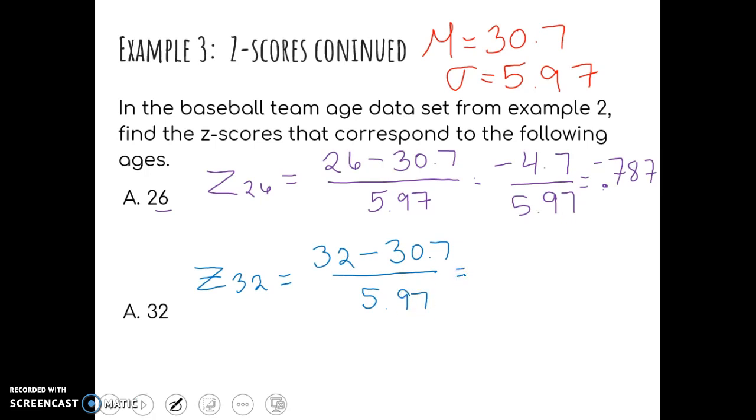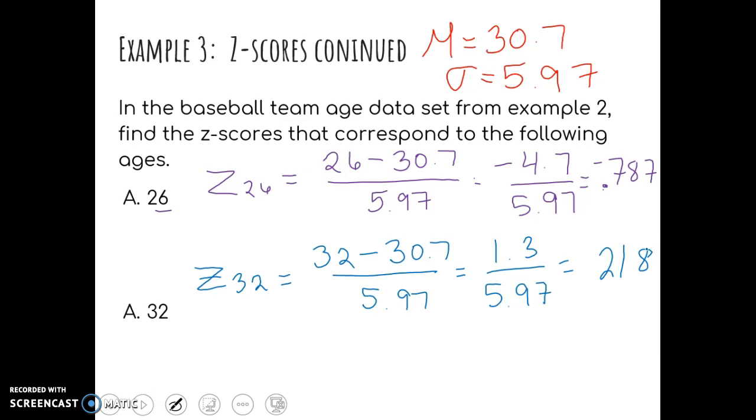So if we take our 32 and we subtract 30.7, we're going to get 1.3, and then we're going to divide that by 5.97, and we get 0.21775, etc.